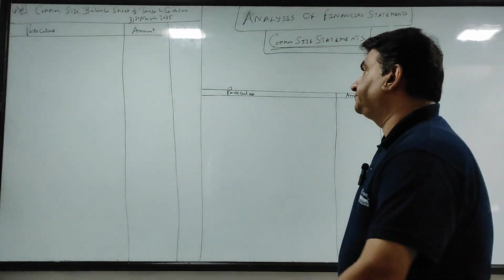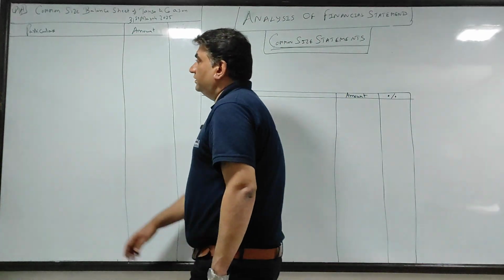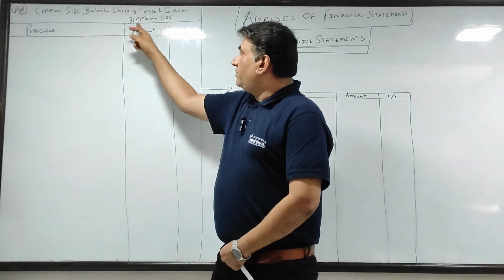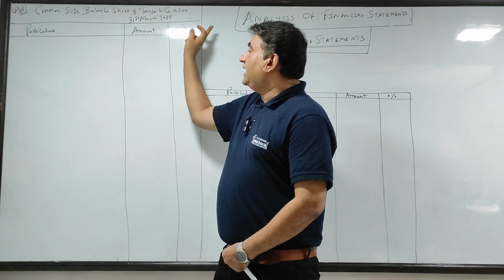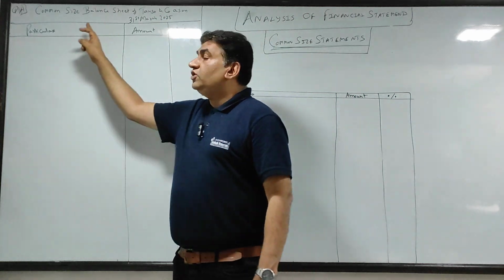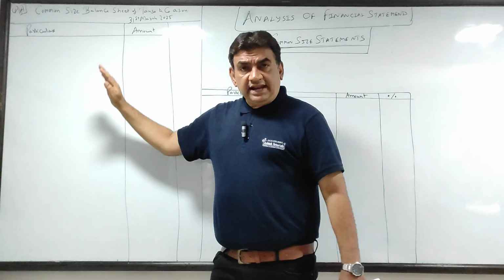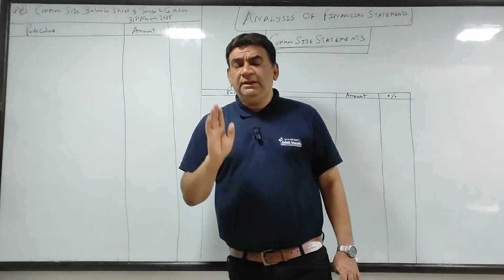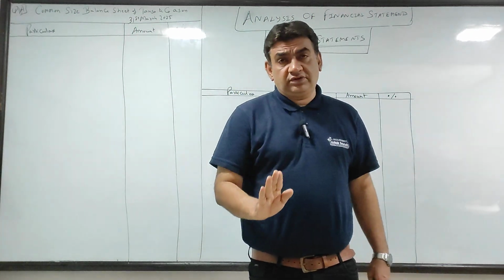Okay, now guys see. This is the A part of the question, because the B part is income statement. Common size balance sheet of Tanso and Company as on 31st March 25. Give the heading common size balance sheet. Take one full page. Particulars, make only single column of amount.